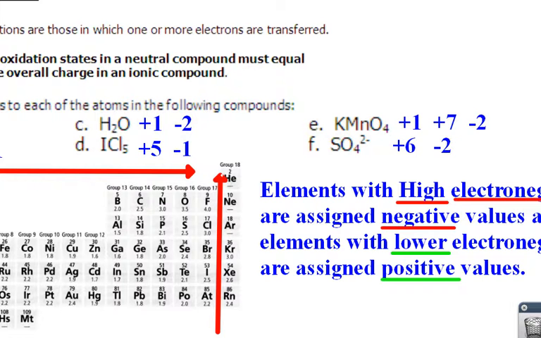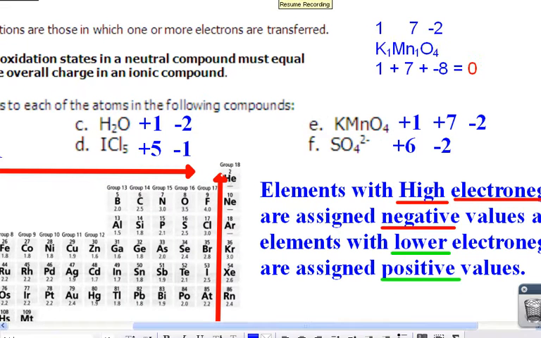Now, with those 4 oxygens there, we need to realize that it's a -2 charge for each oxygen, but since there's actually 4 oxygens, all 4 of them combine together to a -8.